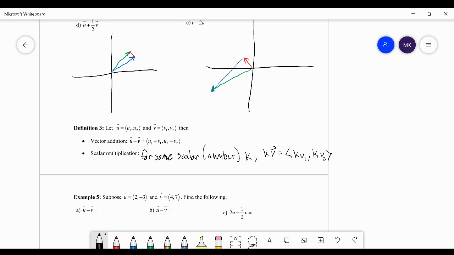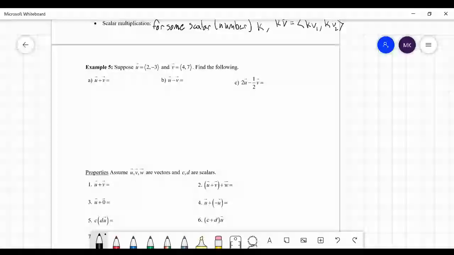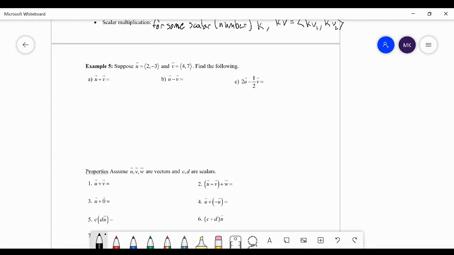So let's look at another example. We're going to break this down a little bit further. So we know what u is. u is the vector 2, -3, and v is the vector 4, 7. To find the following, we just use what we know.